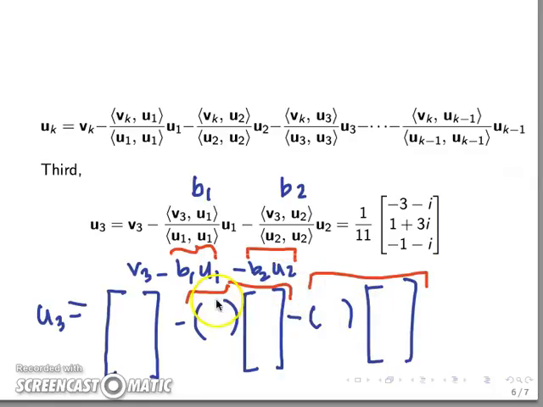Once you do that, you're going to end up with one vector, and then it will be more manageable to write vector minus vector minus vector. At that stage, it becomes really an addition of three vectors, and then you will end up with a vector that has this form here.